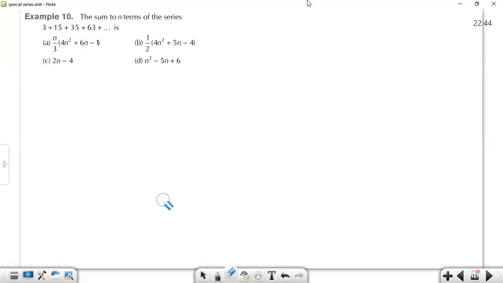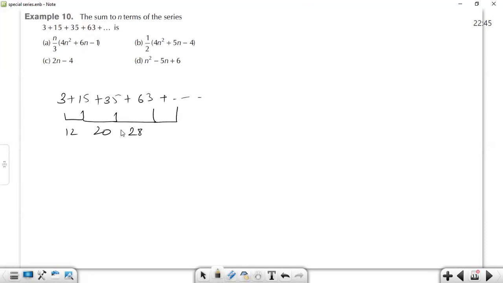Let's look and find out 3, 15, 35, 63. Now let's look, there's a common difference: 12, 20, 28. So let's see what is the common difference here. The difference of differences.